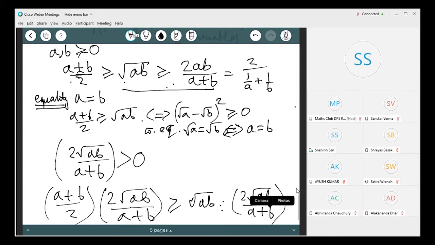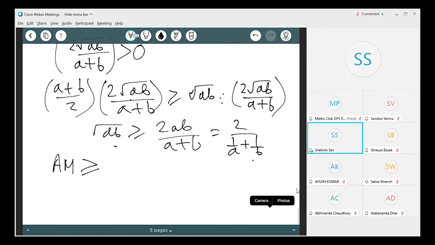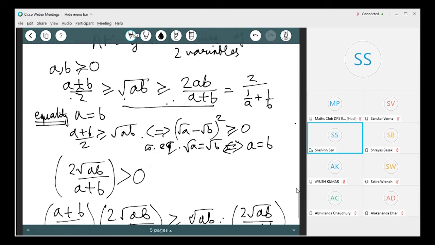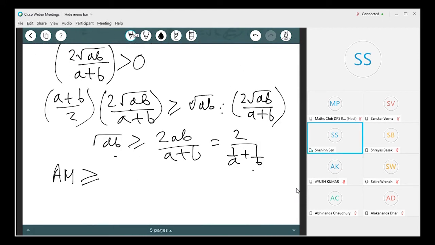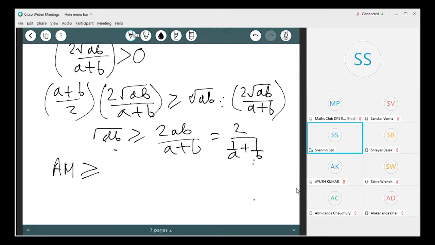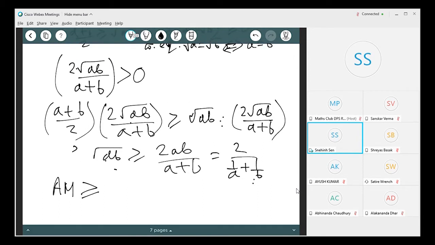Yes, and that's what we proved. By multiplying this factor to the AM-GM, we proved that root AB is greater than or equal to 2 by (1 by A plus 1 by B). And this is called the HM. And this factor is again, by AM-GM, less than or equal to (A plus B) by 2.